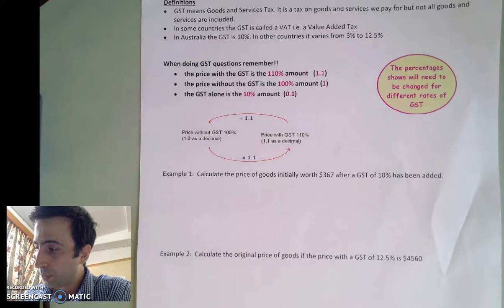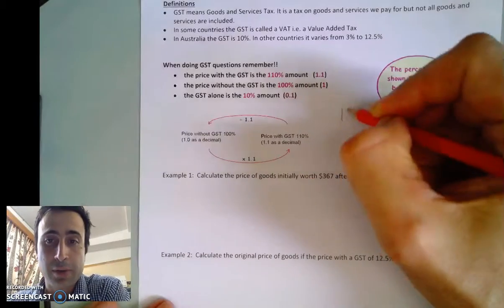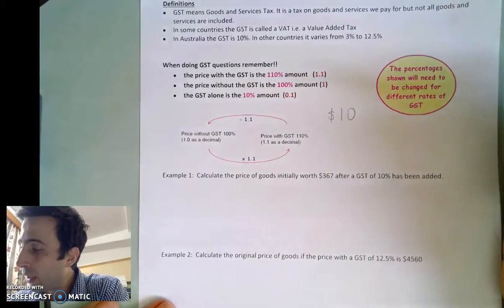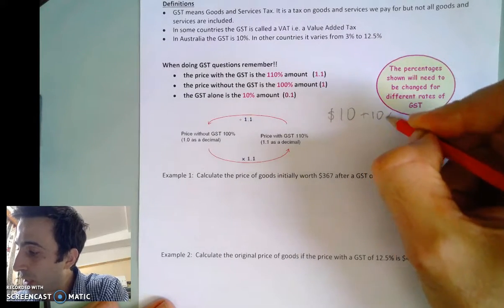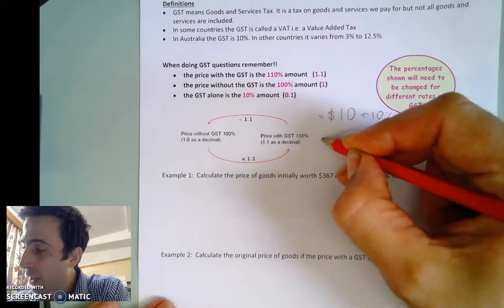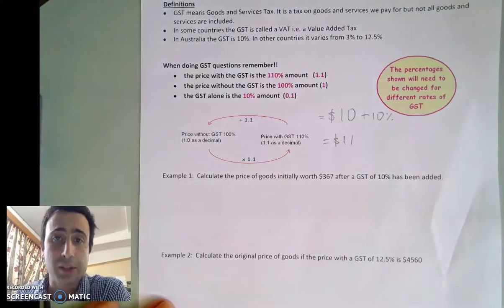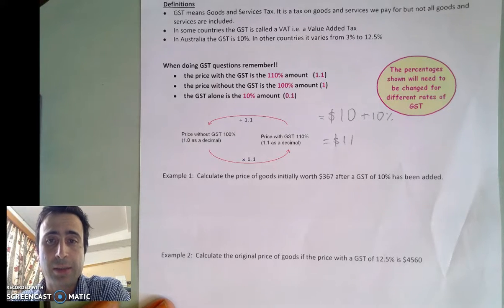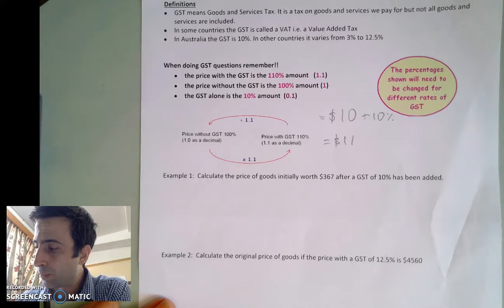For example, if you buy a luxury item for $10, you'll end up paying 10% extra, and so you'll actually pay $11 for that item, and that extra dollar goes to the government as tax. It was introduced 15 odd years ago now, so quite a while ago, 20 years ago even.